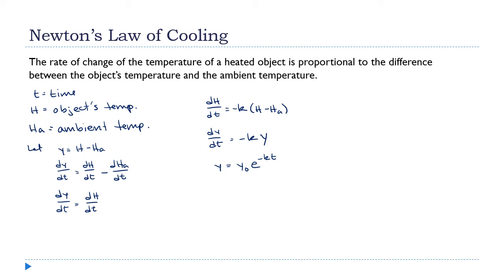So I'm going to say H minus H_A, that's y, is equal to y0, that is, let's call it H0 minus H_A, e to the minus kt.